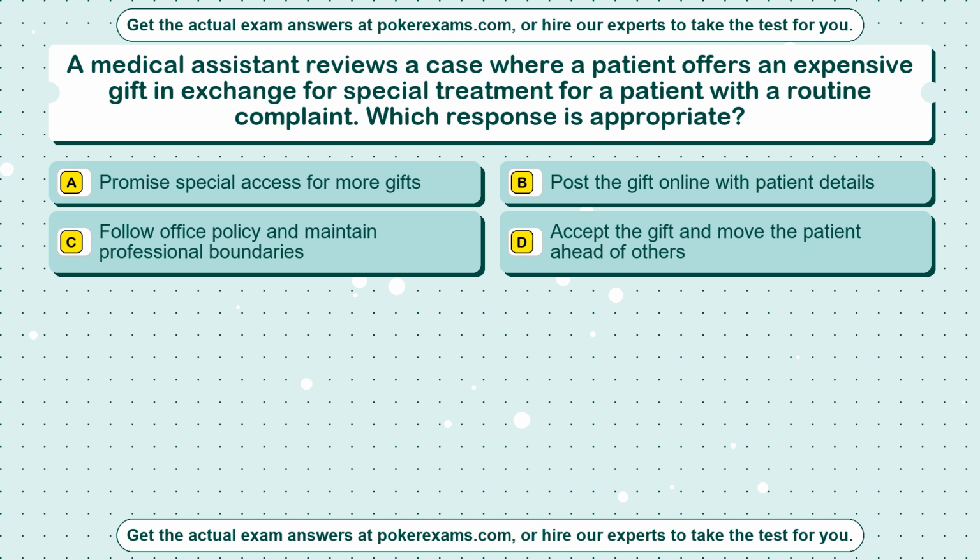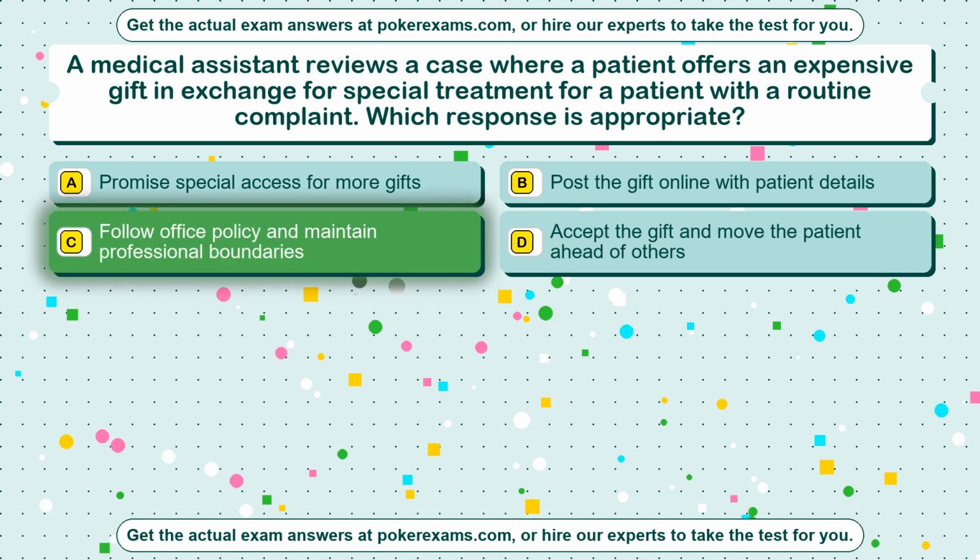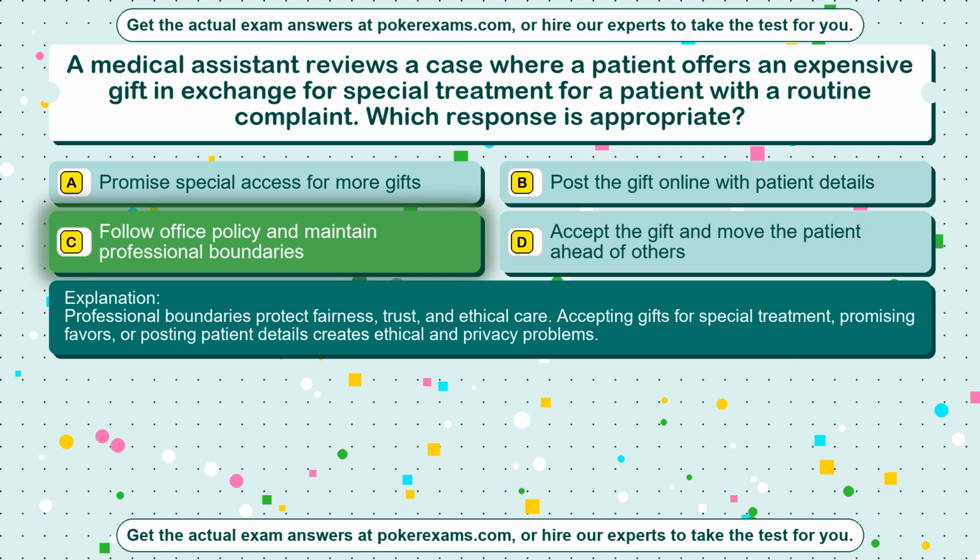Option D. Accept the gift and move the patient ahead of others. The correct answer is option C. Follow office policy and maintain professional boundaries. Professional boundaries protect fairness, trust, and ethical care. Accepting gifts for special treatment, promising favors, or posting patient details creates ethical and privacy problems.